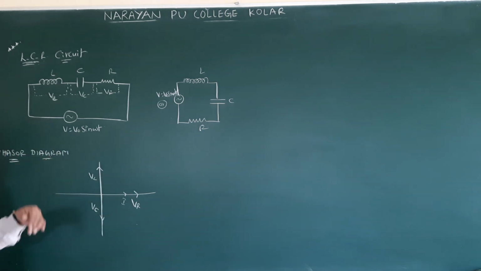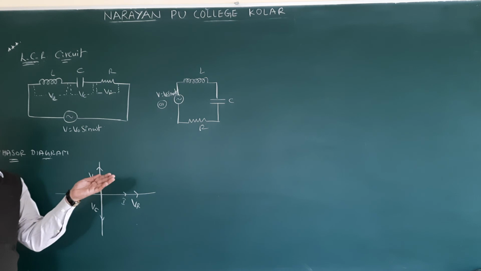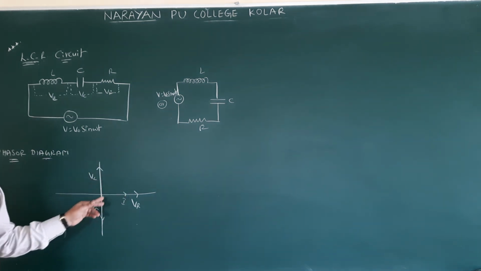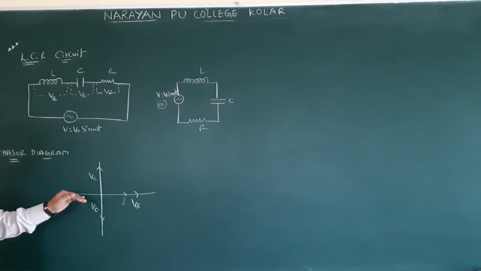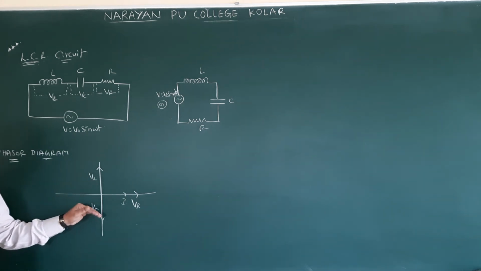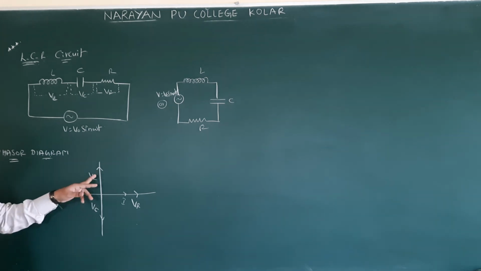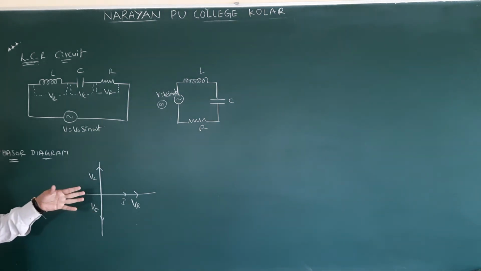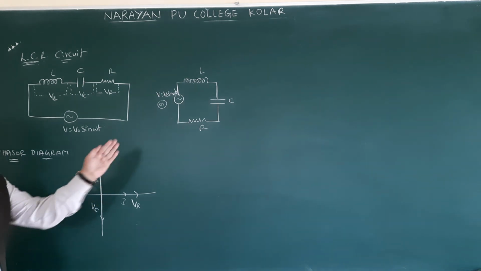First we have to find the resultant of more number of forces, 3 or 4. For 2 we will simply take the angle and draw the resultant. Now we will convert. Either we can write VL minus VC or VC minus VL, because both are in opposite directions. If VL is more, we write VL minus VC. If VC is more, VC minus VL. Anything you can write.